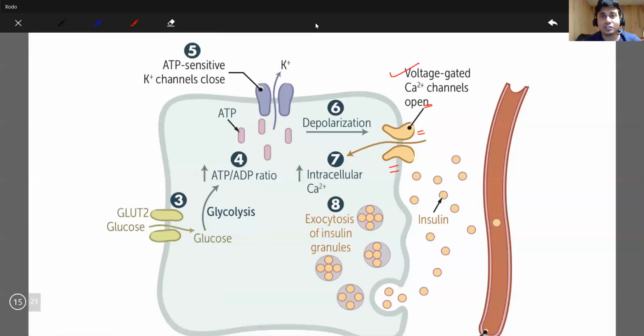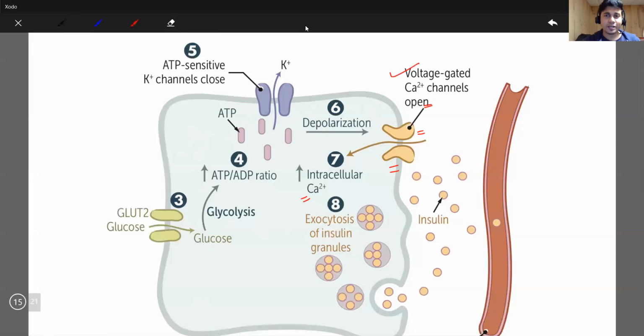We know that calcium is a major regulator of our intracellular mechanisms. Same thing happens here. Calcium comes in, there is increased intracellular calcium. Calcium pushes the already prepared insulin inside the beta cell, and pushes the insulin-containing vesicles out. Insulin is released. That's how glucose controls the release of insulin.